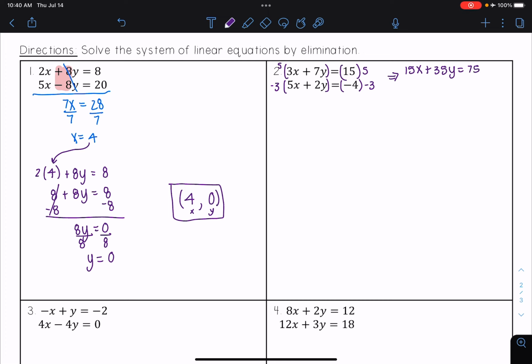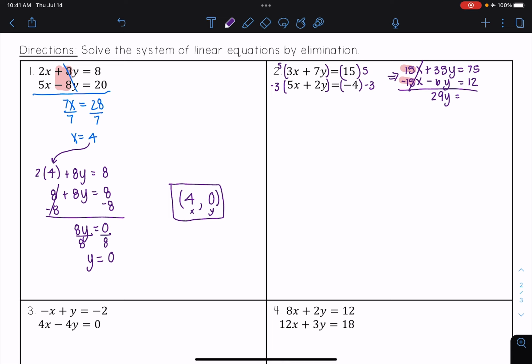And then distributing that negative 3, I get negative 3 times 5x to get negative 15x, negative 3 times 2y to get negative 6y is equal to negative 4 times negative 3, which is 12. So now in front of my x, I have a 15 and a negative 15. So when I add these equations, my x's cancel, and I'm left with 35y minus 6y, which is 29y.